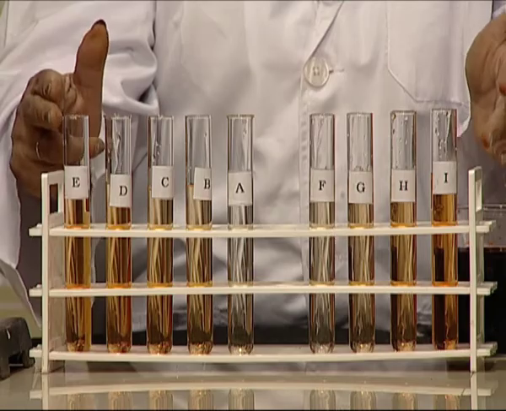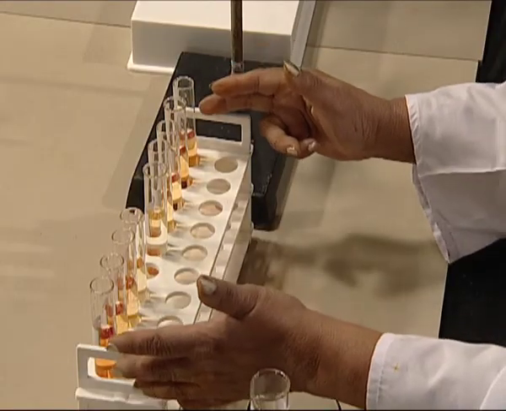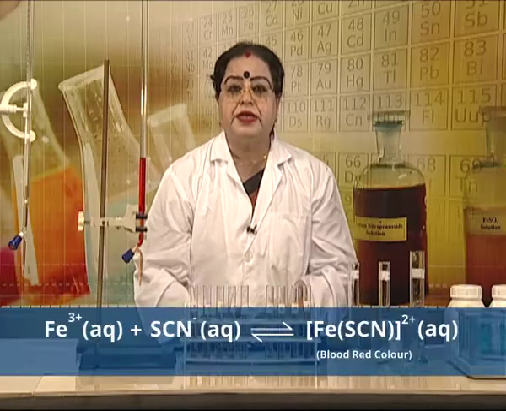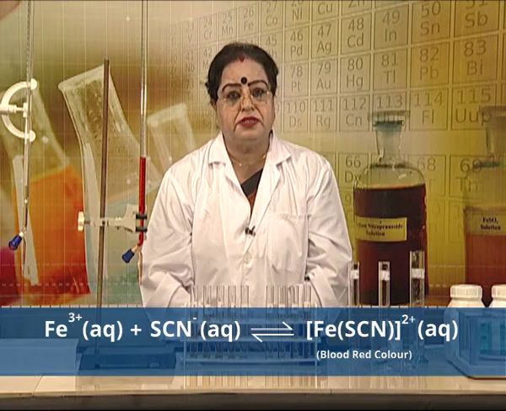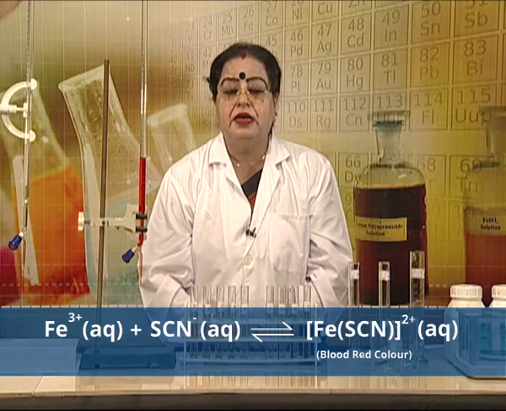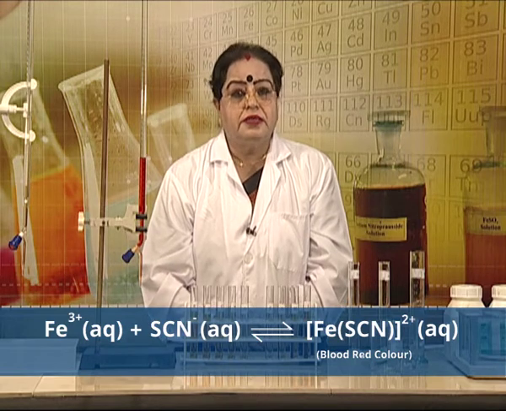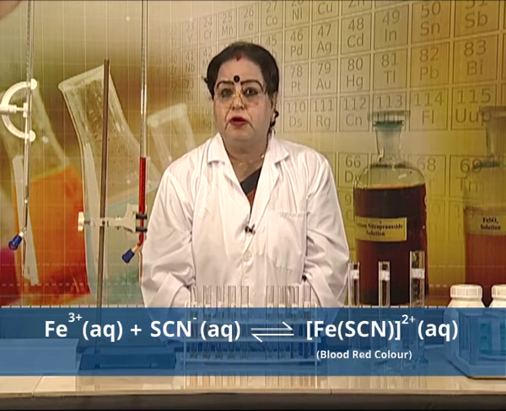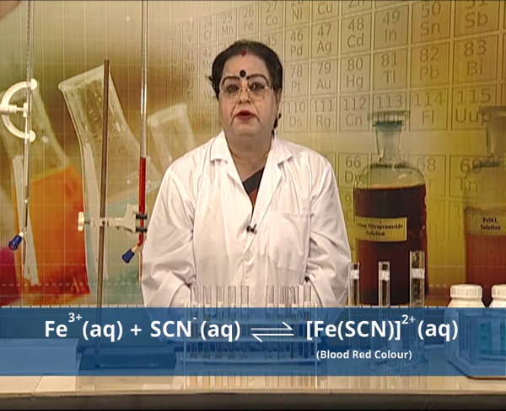That means the more of the reactant added has intensified the colors. That means the direction of the reaction has shifted in that direction where more of FeSCN2+ has formed. That means more of the product has formed.